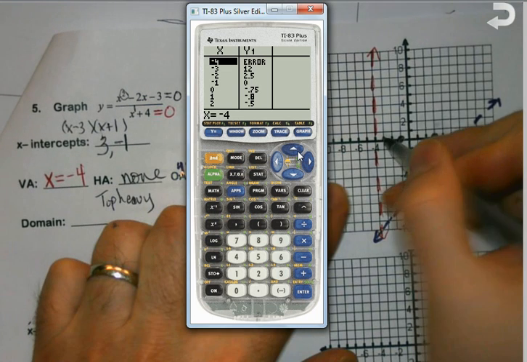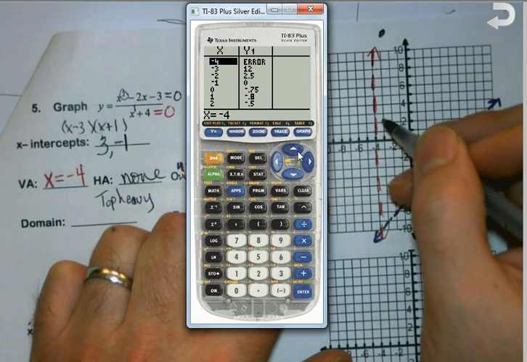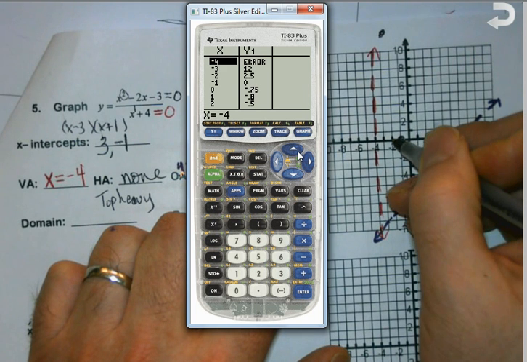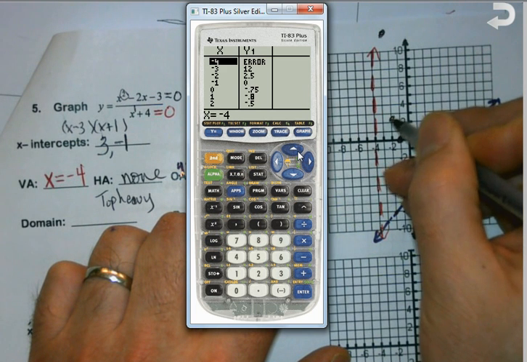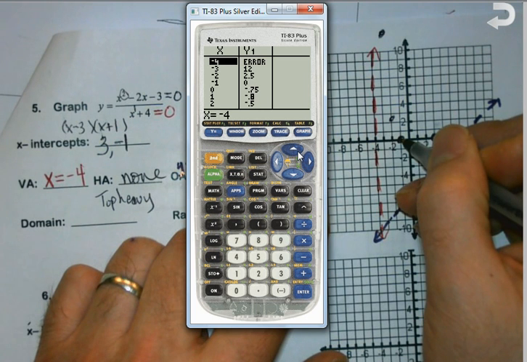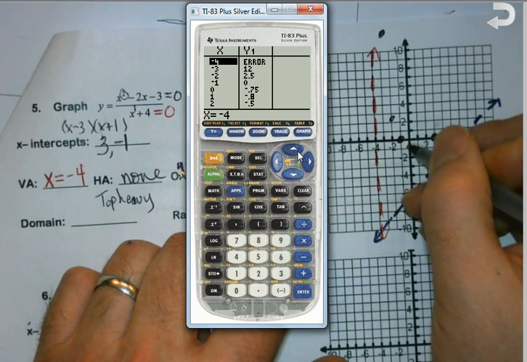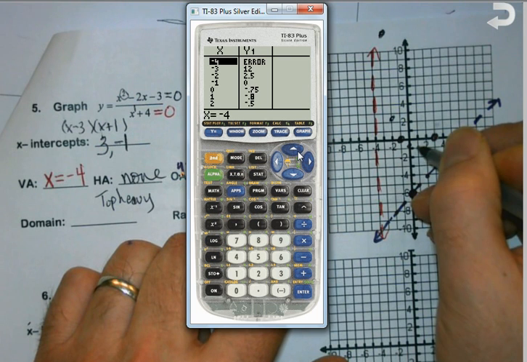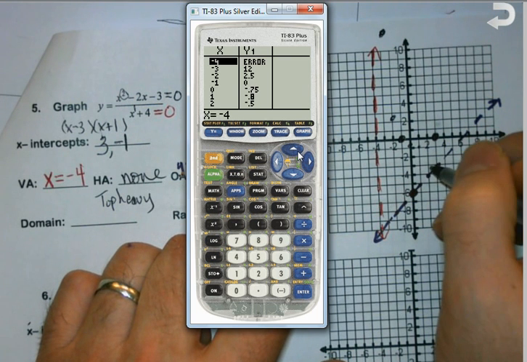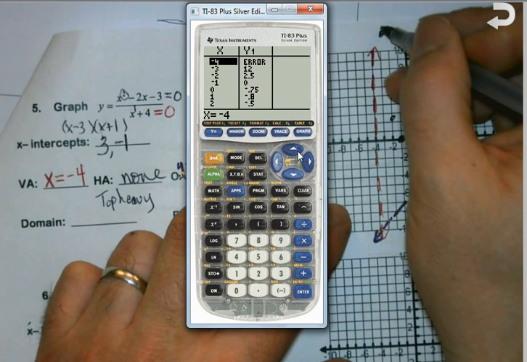I'm going to plot my other points. So -3, 12. I'm going to be just about out of room here, but up here. -2, 2.5. I've already got -1. And I start to notice, as I put some of these down here, it gets lower and lower, and it's going to start working its way back up. Now again, I'm not looking for perfection here.